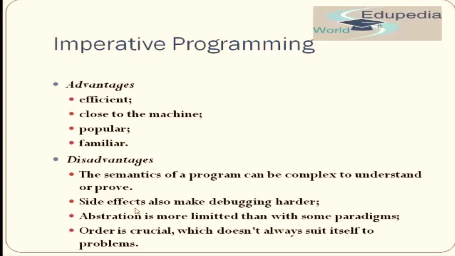So it sometimes makes your program really complex. Nowadays it's hardly used, but initially, when programming languages had just started to come, this was the programming paradigm that was followed.